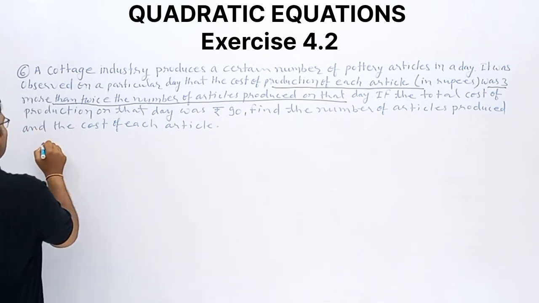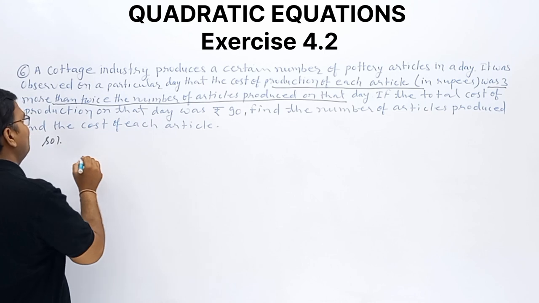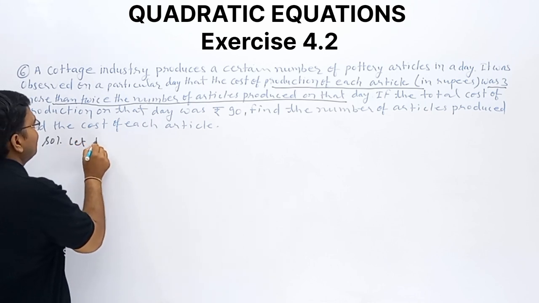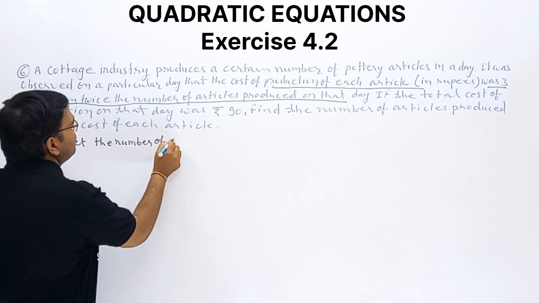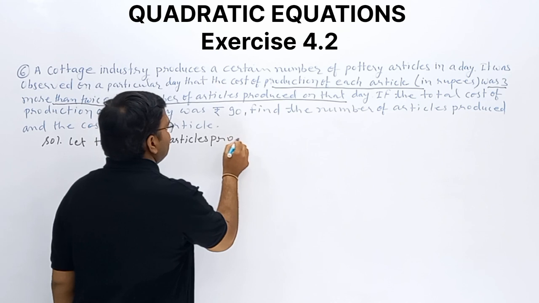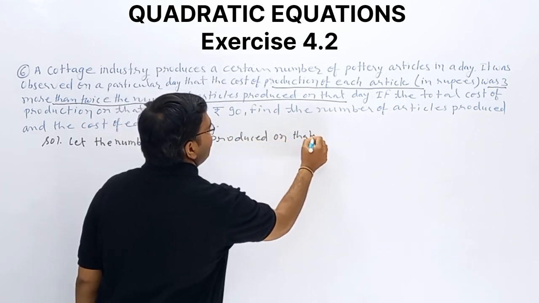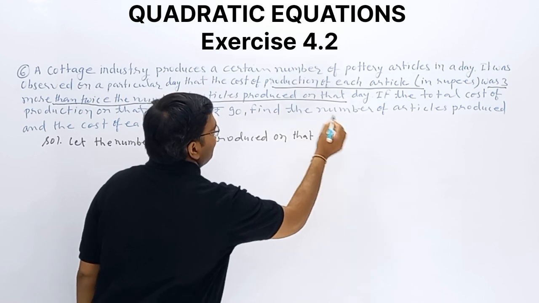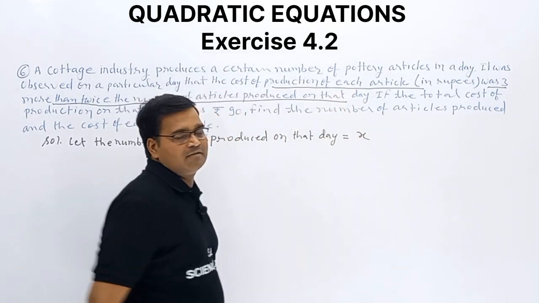So question number 6 solution will be what? We will assume, let the number of articles produced on that day, we are talking about a particular day, equal to X articles.